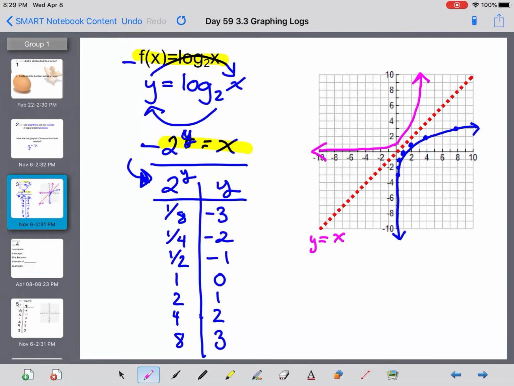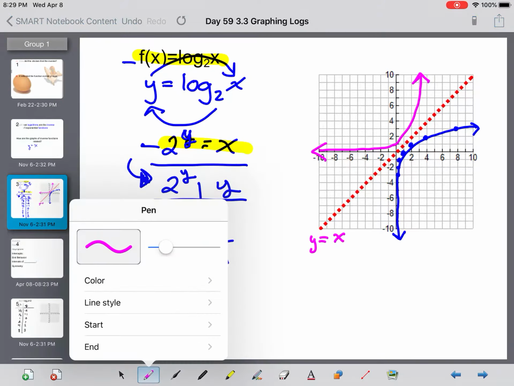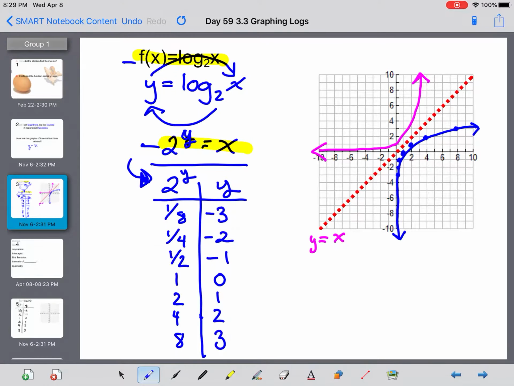You can definitely see that reflecting that's happening. So we do have the inverse here of our exponential function, and we did use an exponential function to help us graph this by rewriting the original log function in its equivalent exponential form.